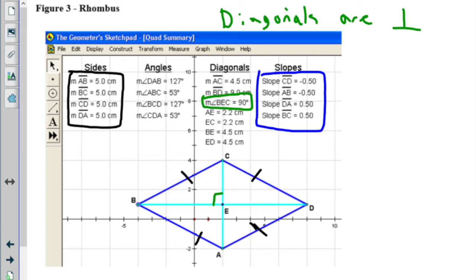Our diagonals are perpendicular. So that's the new part for the rhombus. And you'll notice the diagonals are not congruent this time. A to C and B to D are not the same, but the diagonals do bisect each other, just like they do in any parallelogram.